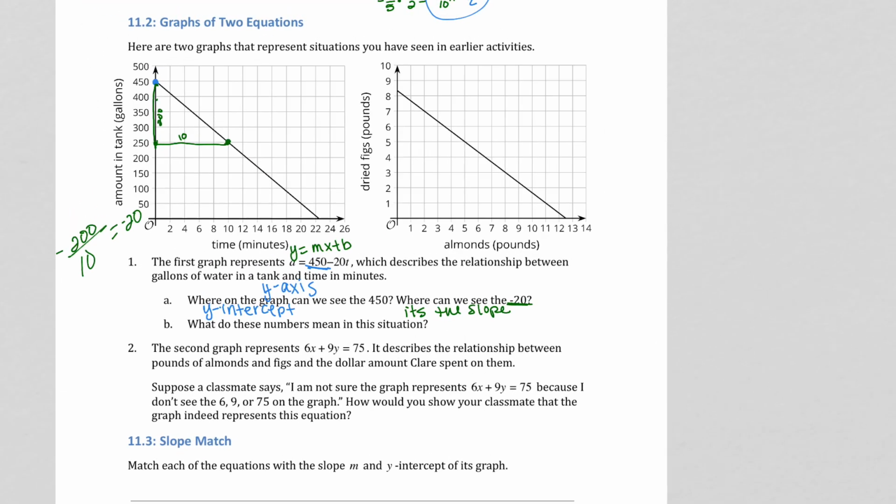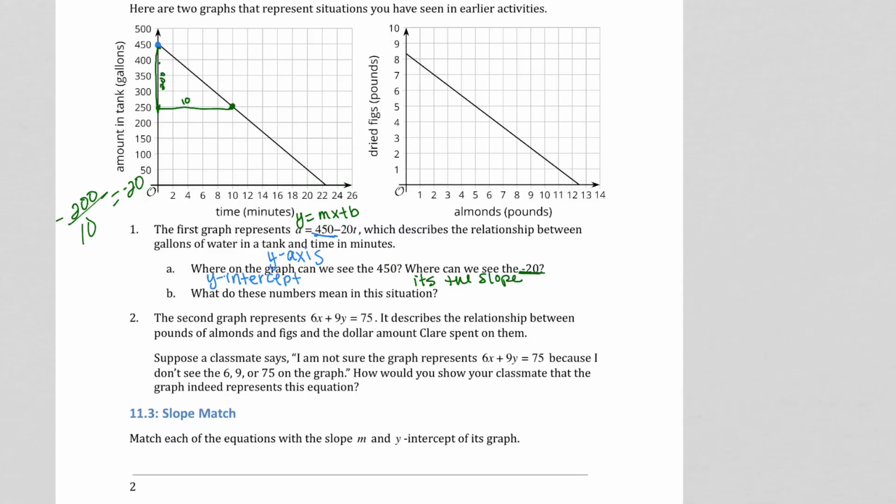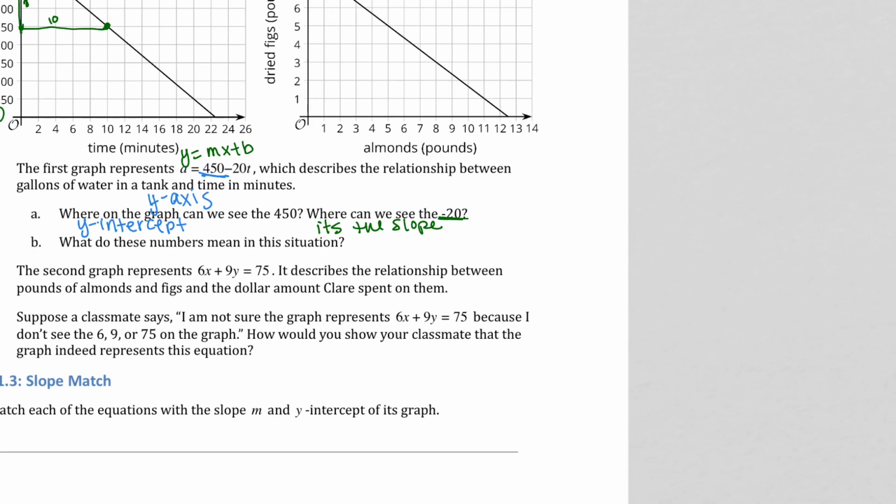So how would you show your classmate that the graph represents this equation? What would we need to do to this equation? I'm going to do this over here on the side. Solve it for what? Draw a line. We can do that.